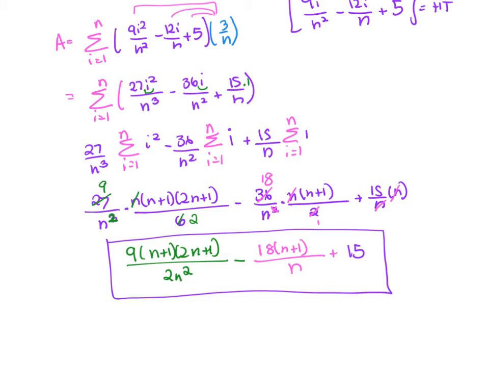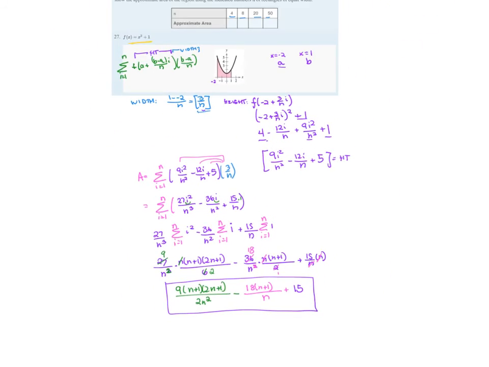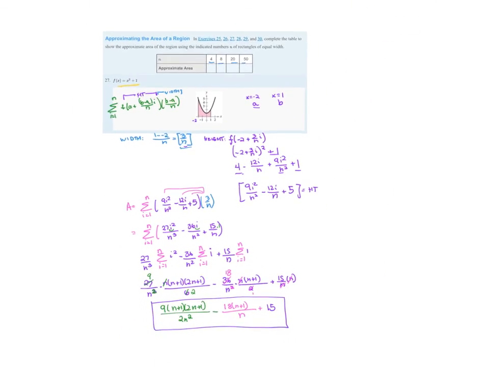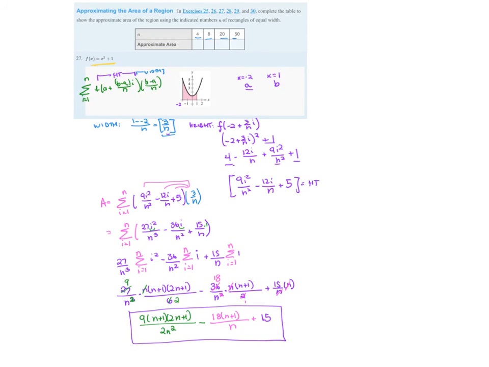So this is what I did first because I know we need to. Going back to the beginning, it said that we want to approximate the areas using n equals 4, 8, 20, and 50. So how I handled this problem is I went ahead and plugged it all in and got it to this point here. And now I'm going to plug in 4 here to solve, and then 8, 20, and 50 into my calculator to get the answers.